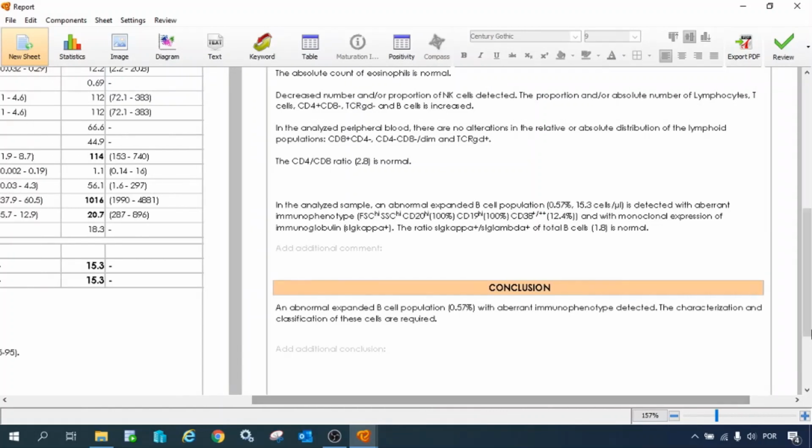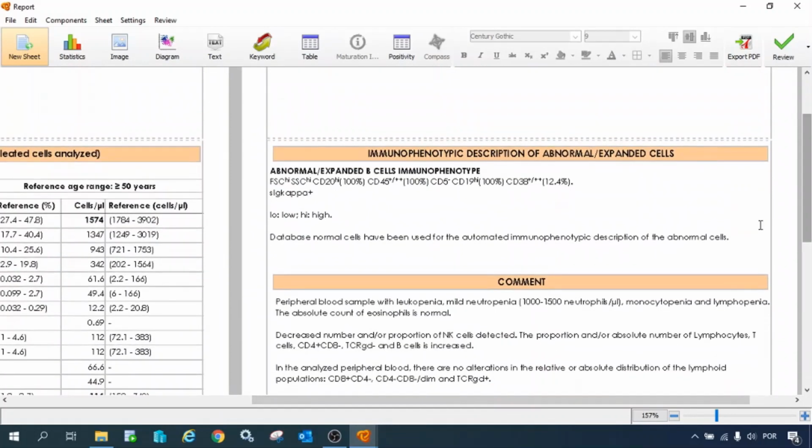And on the second page, you can see the complete immunophenotype, which points out the high forward and side scatter, as well as the high CD20 expression, high CD19 expression, no expression for CD5, and kappa restricted light chain.